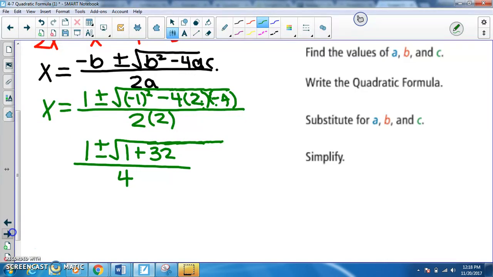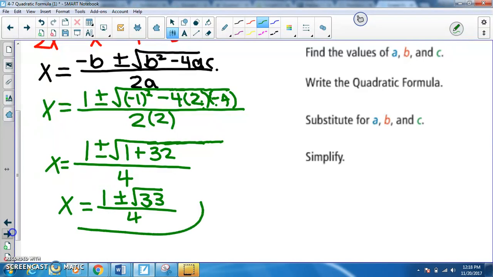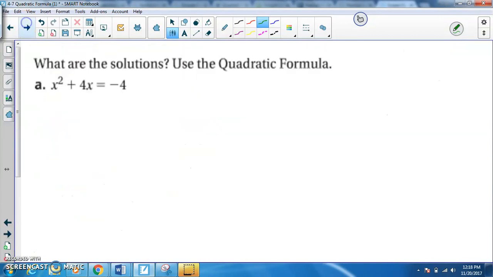We're going to simplify inside our square root. x is equal to 1 plus or minus the square root of 33 over 4. Since we cannot simplify the square root of 33, this is our answer. x is equal to 1 plus the square root of 33 over 4, and x is equal to 1 minus the square root of 33 over 4.